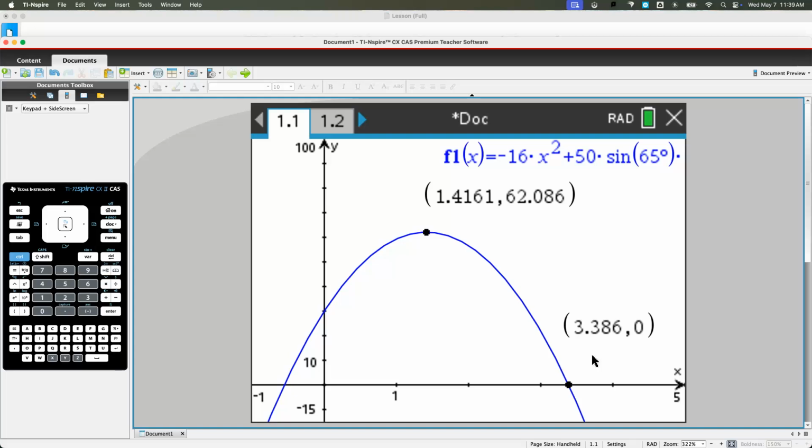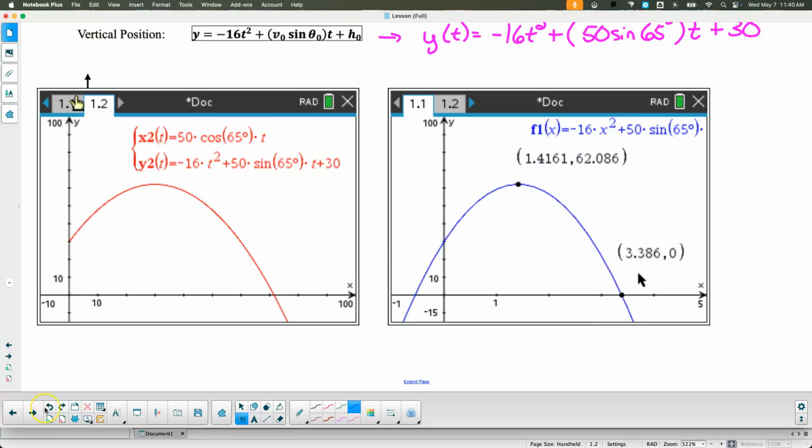Okay? Now, give me a second here. Okay, so this was the height of the ball. This was how far away the ball landed. This is the actual path of the ball. Okay?